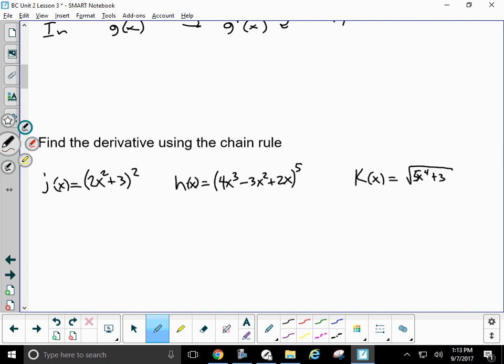Okay? So for j, I'm going to first designate it as an outside and an inside. And I'm going to say the outside function is the stuff being squared. Those parentheses to the 2nd power, that's like the outside function. The inside function would be the 2x squared plus 3.